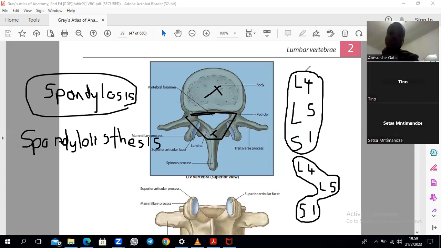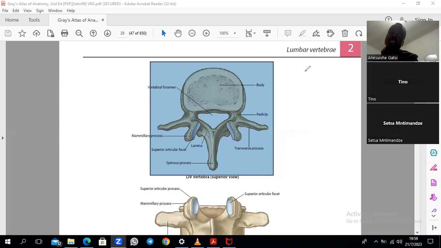Right. Then if you remember your neuro, the spinal cord ends between intervertebral disc L1, L2, and that's where we have the conus medullaris. If you remember the spinal cord well, that's where you get the sacral nerves as well as the coccygeal nerves. Then in the vertebral foramen of all the other lumbar vertebra, there is the cauda equina going down.